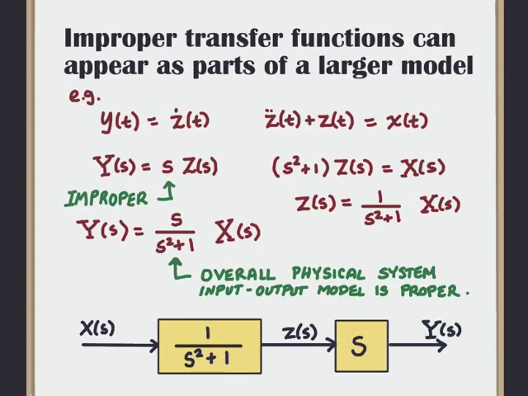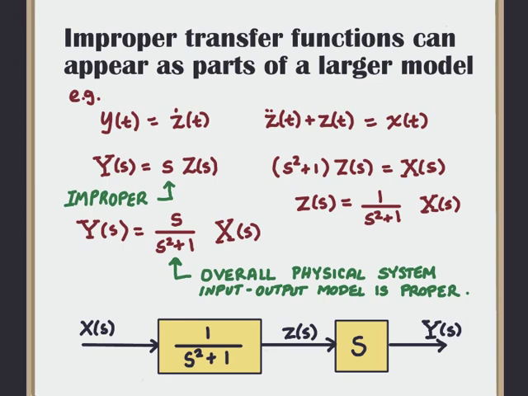Let me close this presentation by noting that improper transfer functions can appear as parts of a larger model. They just can't be physical systems in and of themselves. So, for example, we might have a system that has variables z, x, and y, with x being the input and y being the output.